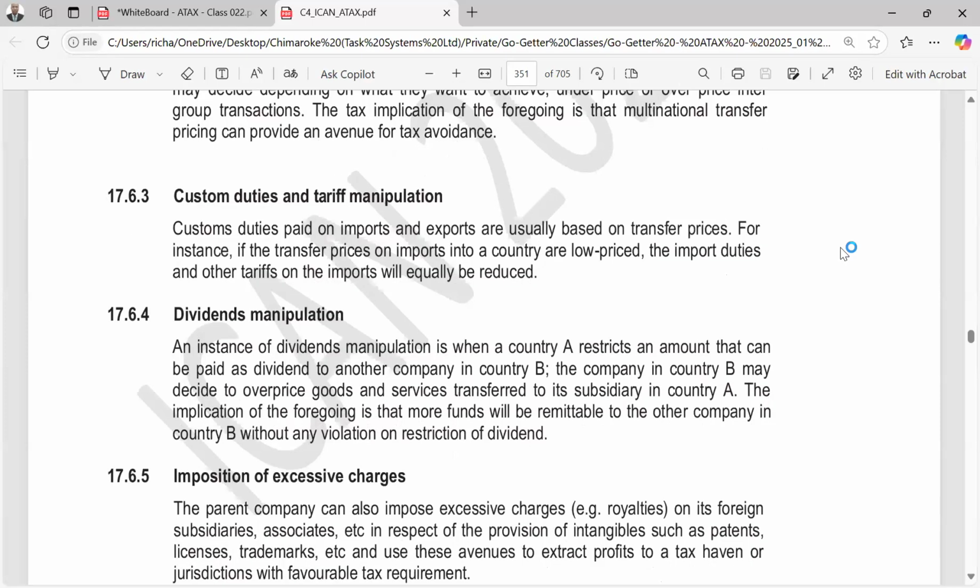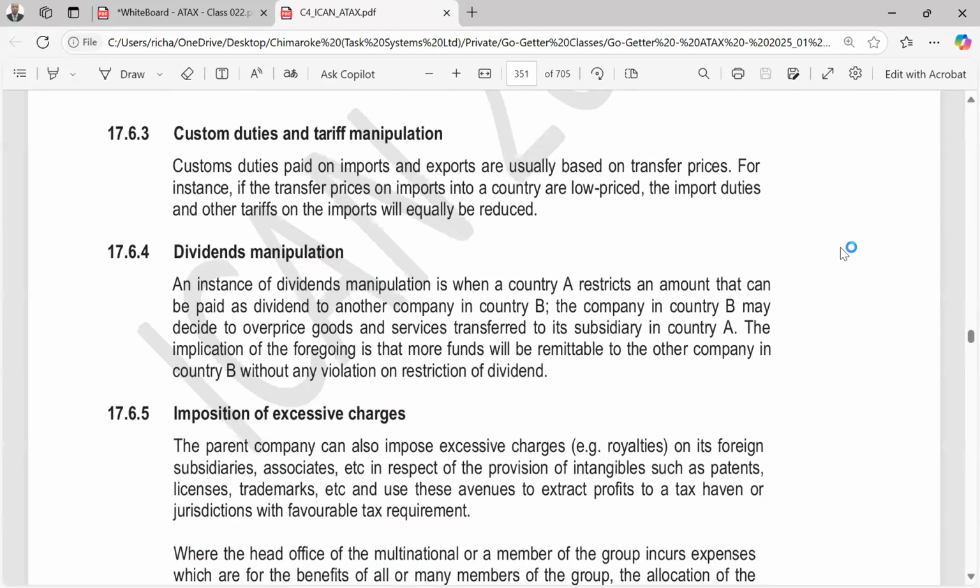Then we have dividend manipulation. Now listen to this. An instance of dividend manipulation is when country A restricts an amount that can be paid to country B.